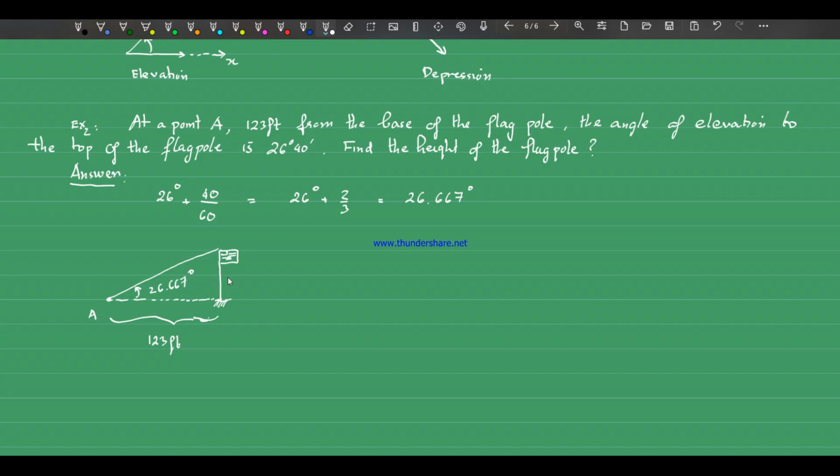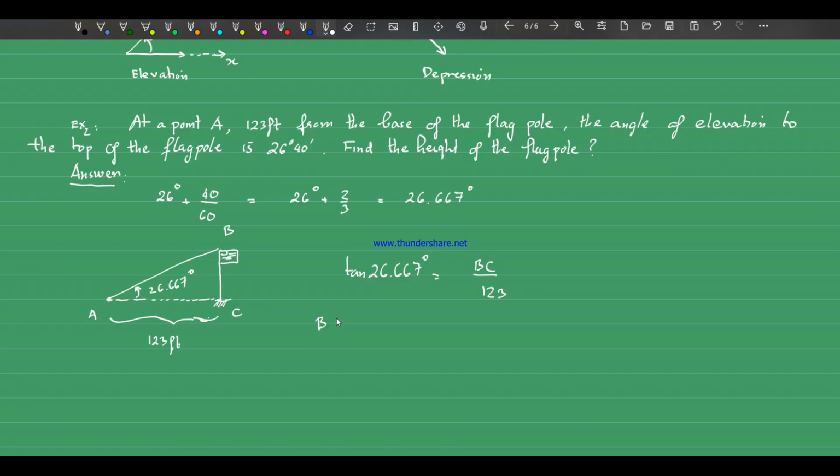Okay, find the height. Oh, very easy. Just find this, right? So this is the opposite, this is adjacent. So we're gonna use tangent. So tangent of 26.667, tangent is opposite over adjacent. I'm gonna call this B and C. Opposite is BC over adjacent. Adjacent is this 123. So BC is the height of the flagpole.